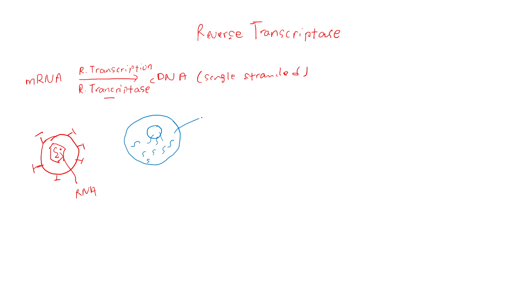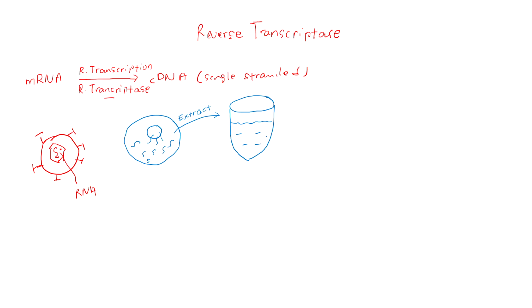The first step is extraction. So extract the mRNA out from the cells. This is a test tube. After your extraction, you have a lot of mRNA, single-stranded. All mRNA are single-stranded.